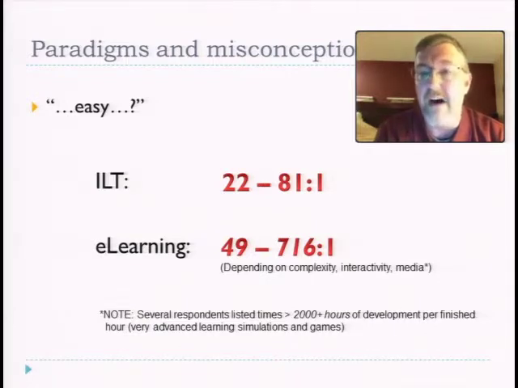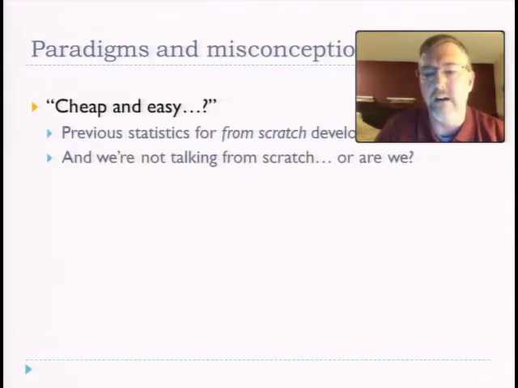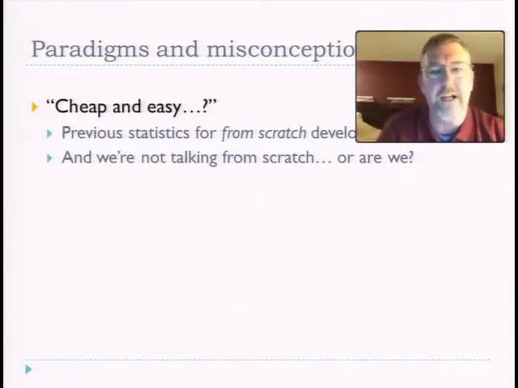That can be over 2,000 hours of development effort into 1 single hour of learning on the e-learning product of that highly, what you might call level 4, significant complexity and advantage.